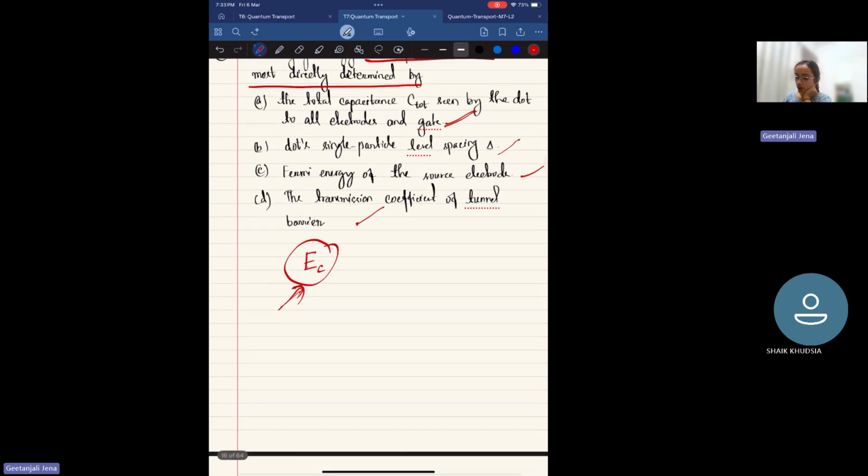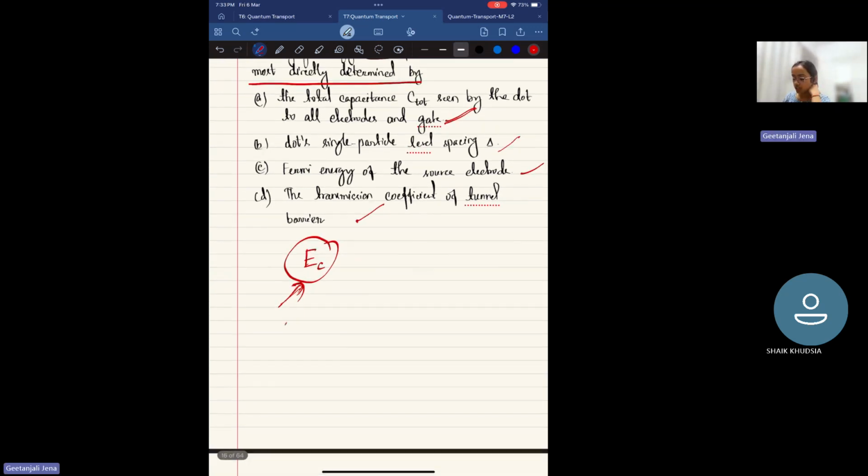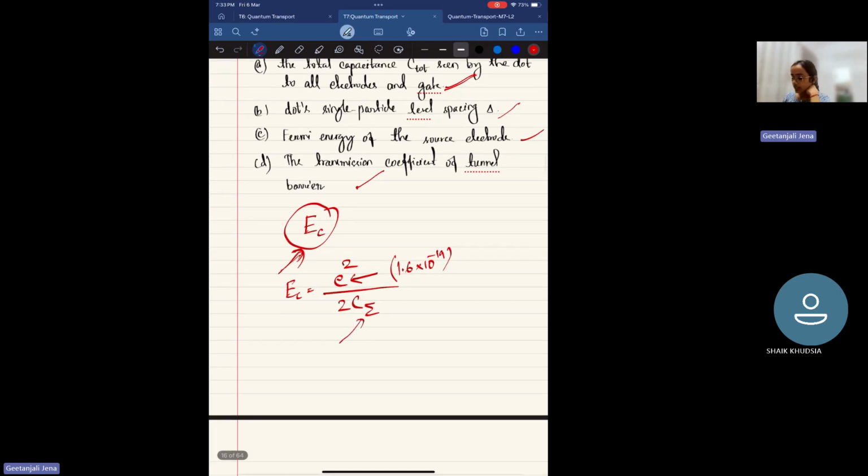Okay, so the formula for calculating the charging energy EC is given by, you should remember this, e squared by 2C sigma. e is the elementary charge, which you take as 1.6 times 10 to the minus 19, and C sigma is the total capacitance of this circuit.